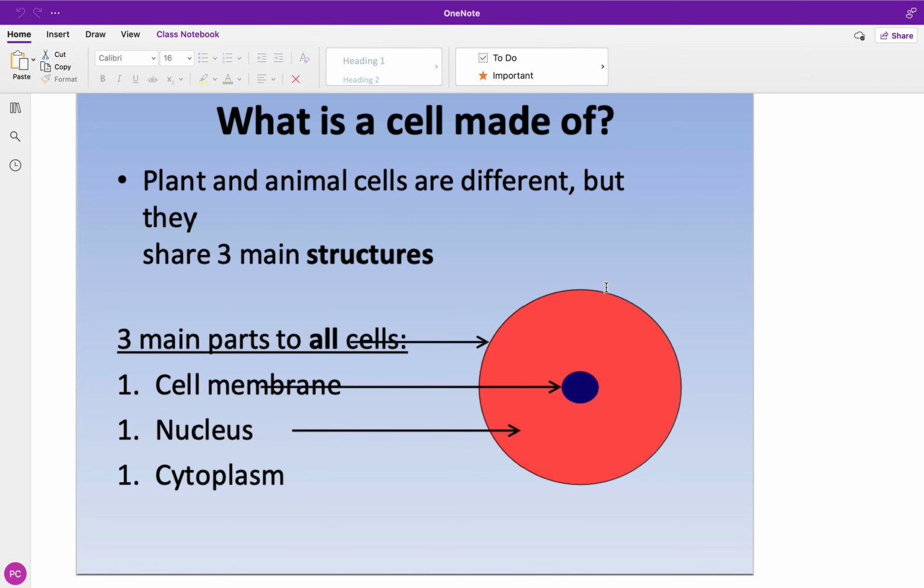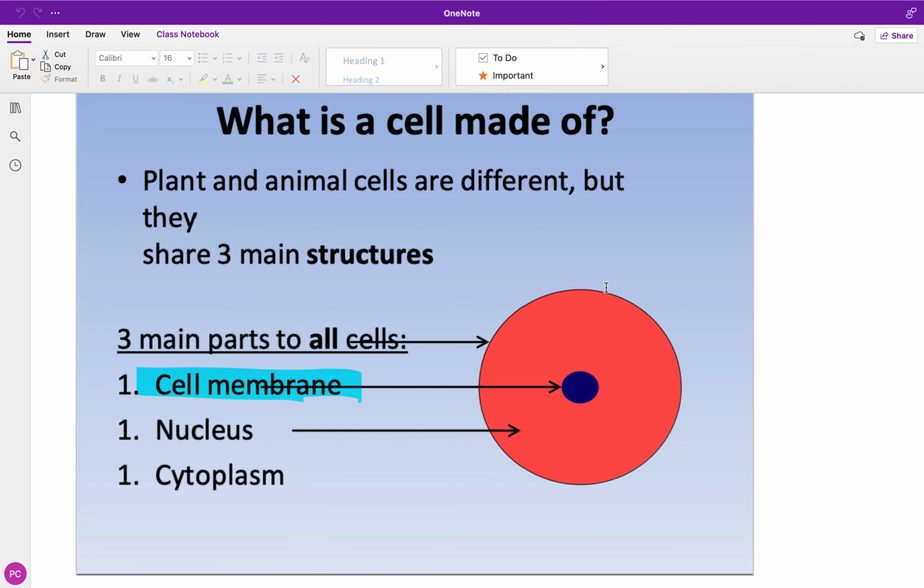So, a couple of things that are in cells. In all cells, whether it be cells of a polar bear or a penguin or a cat or a snake or a human being, all animals, they all have three things, and three things only really that you need to know about. They have a membrane.